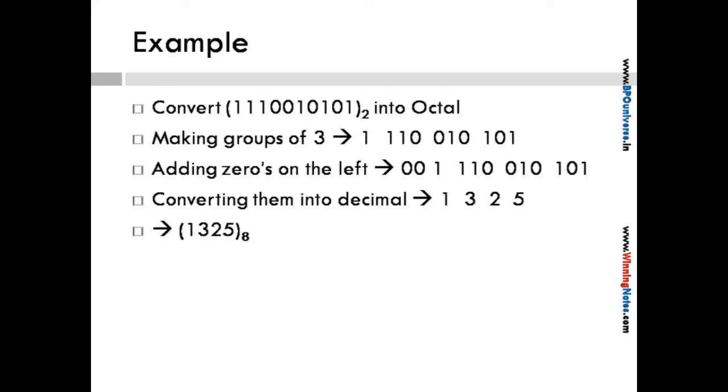Now remember that even if we are converting this binary number into decimal form, you will never get a digit which is beyond 7. Why? Because 111 would mean 7 in decimal as well as in octal, and the digits 0 to 7, whether they are in decimal or in octal, represent the same value when we convert.